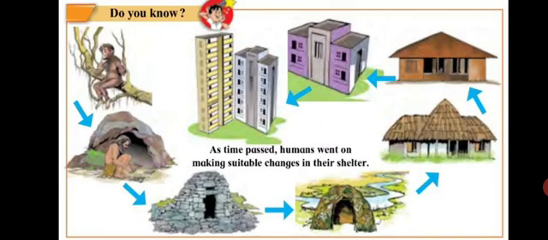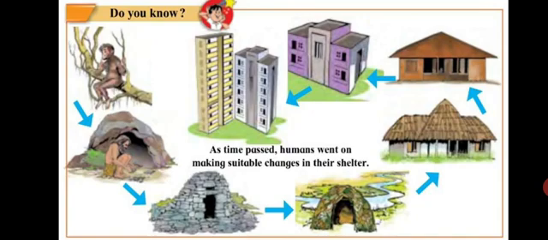Do you know? As the time passed, humans went on making suitable changes in their shelter. So the picture shows us right from the apes, where the early human beings lived on trees in a forest. They made some progress and started living in caves.